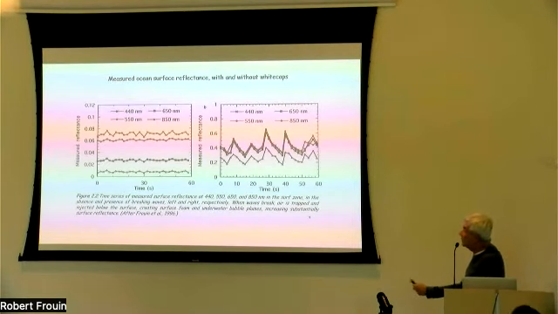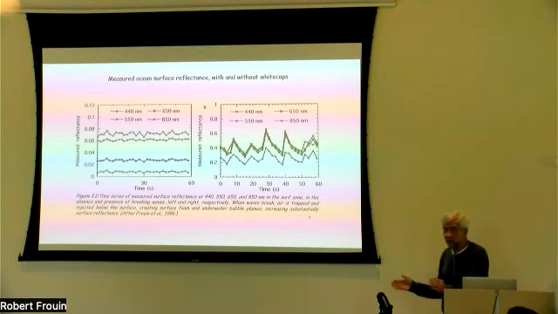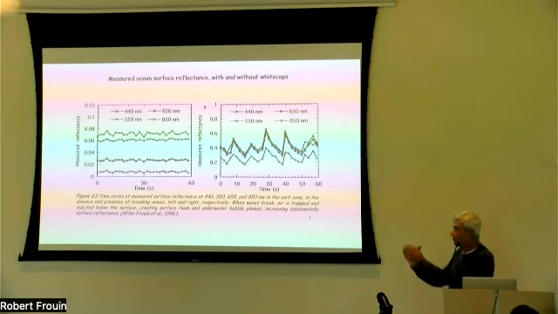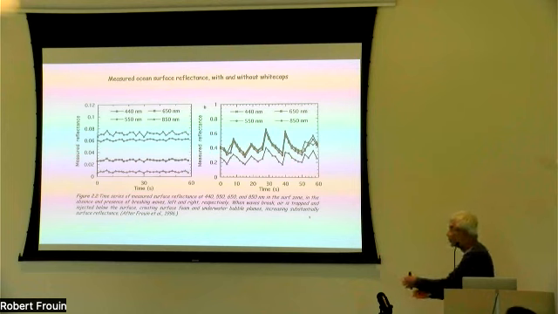All right, these are some measurements of the sea with and without whitecaps. This was done, in fact, very simply at the end of the Scripps pier. We just put a radiometer in the surf zone, so sometimes waves are breaking, and sometimes no waves are breaking.